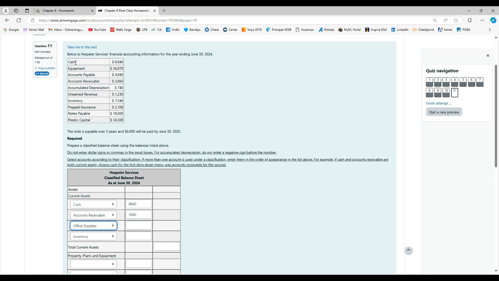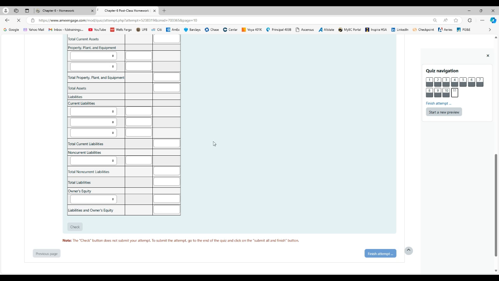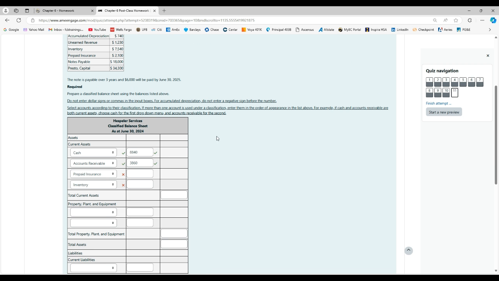It's just one of the options to select. Okay, so we have cash, equipment, accounts receivable. Oh, there we go. Okay, so we want inventory. And then we want prepaid insurance. I think that prepaid insurance will come first. Let me check that. No, okay. Inventory and then prepaid insurance.